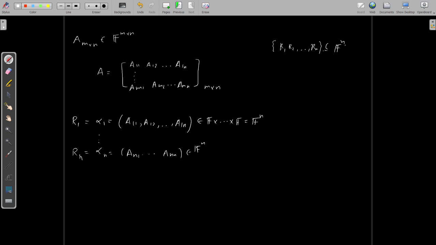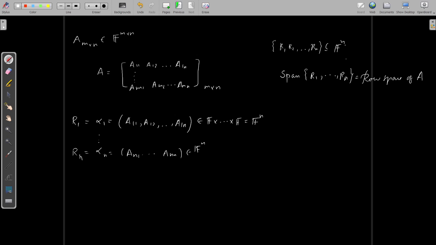Since this is a subset of Fn, you can consider the span of R1, etc., Rn, that is the set of all linear combinations of these vectors in Fn. This is what we call the row space of the matrix A. So the row space of a matrix A is always a subspace of Fn.